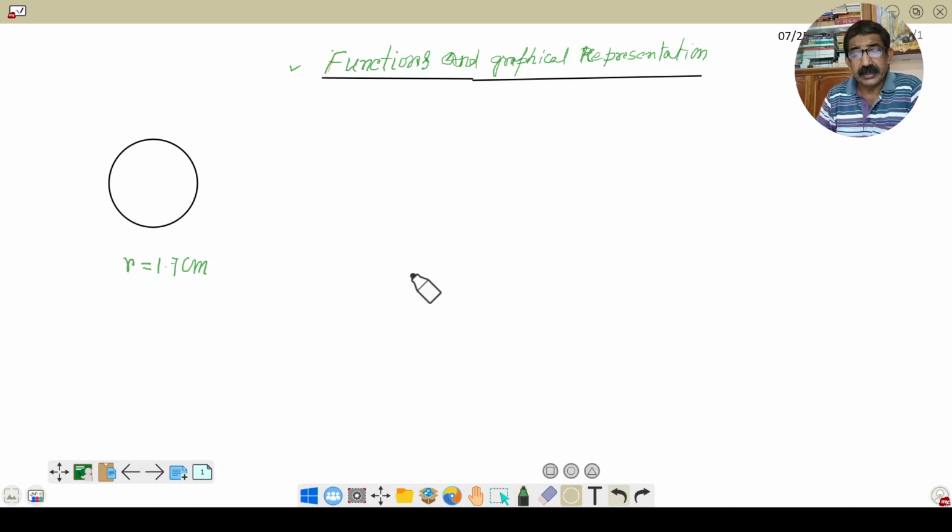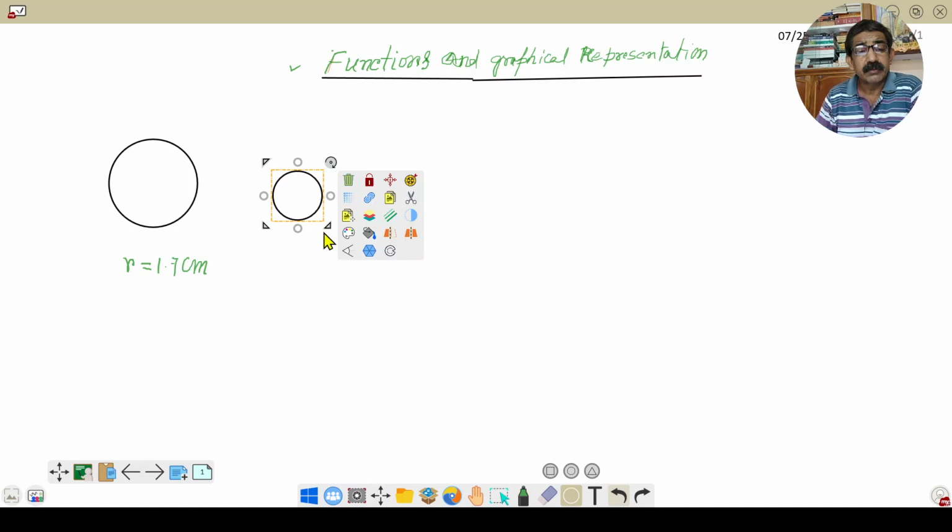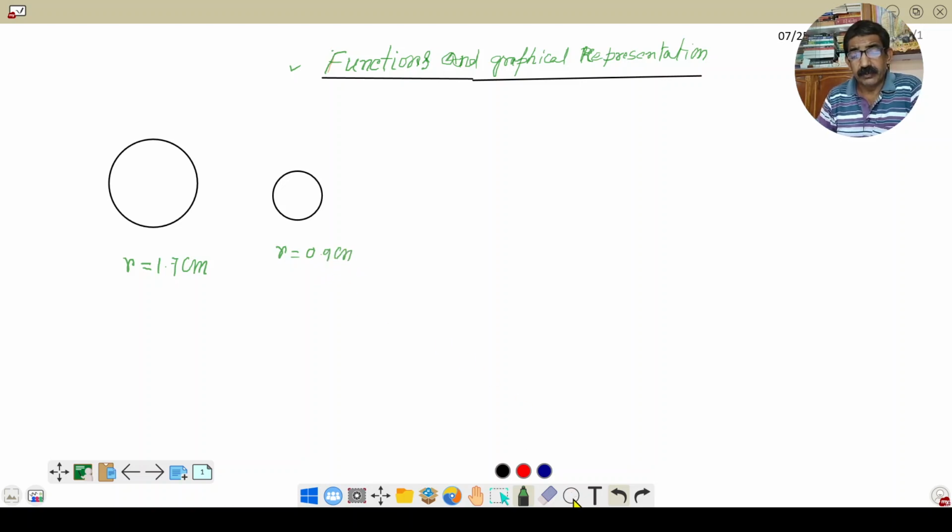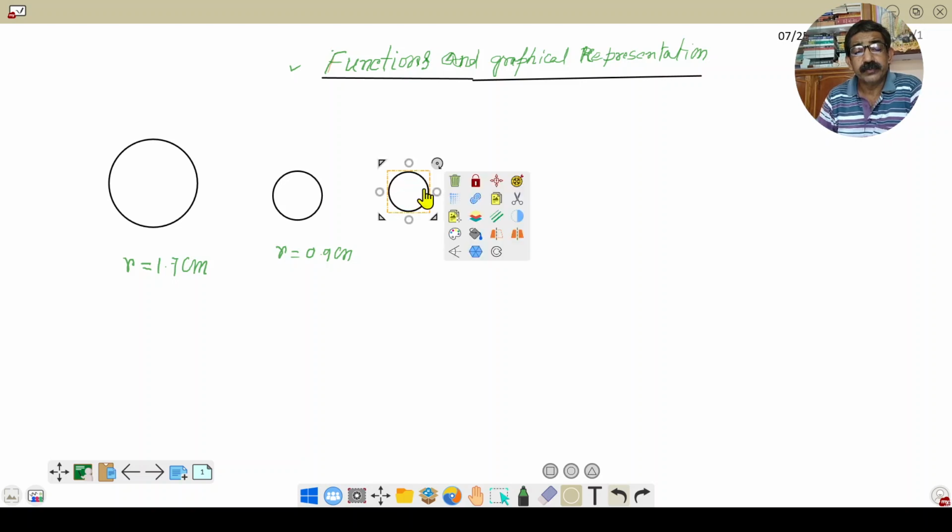We may take another circle like this, 0.9 centimeter. R is equal to 0.9 centimeter. We may take another circle also, 0.7 centimeter.